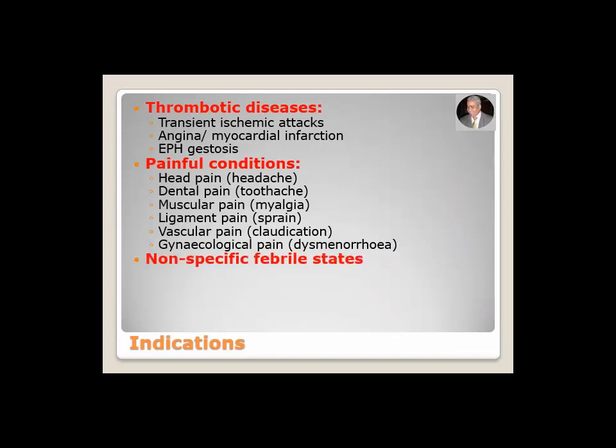The third group of indications is the antipyretic group. Aspirin can be used in any fever as symptomatic treatment, irrespective of its etiology. The last group is the inflammatory group, where aspirin is used as a symptomatic treatment in any disease accompanied with inflammation.